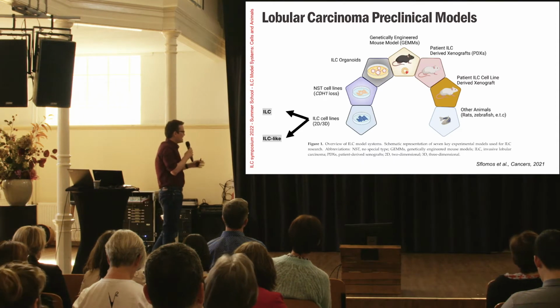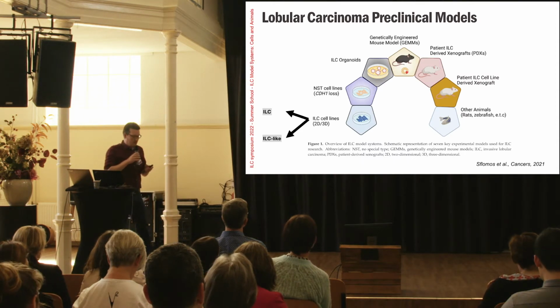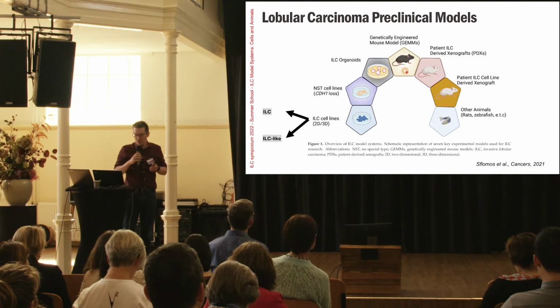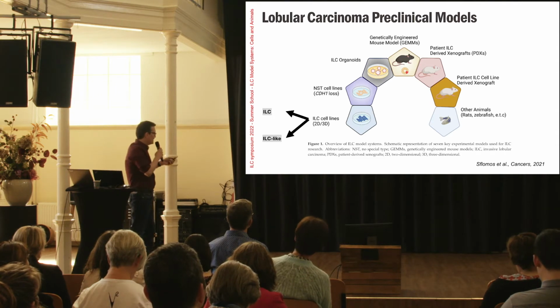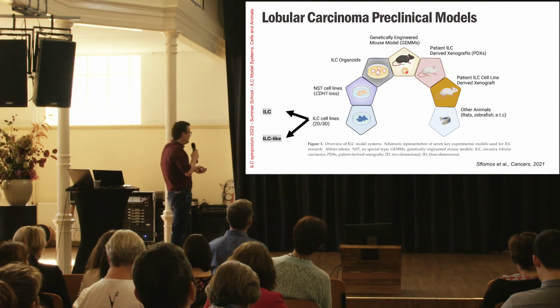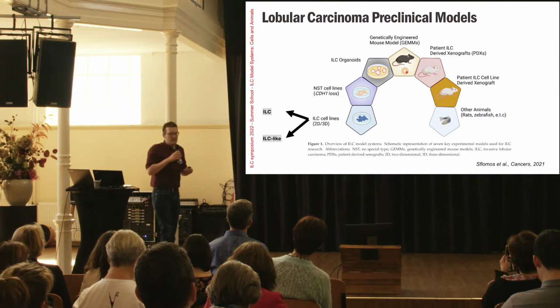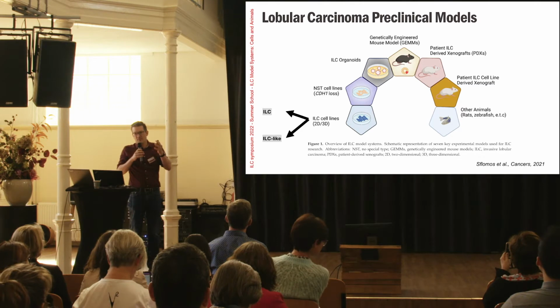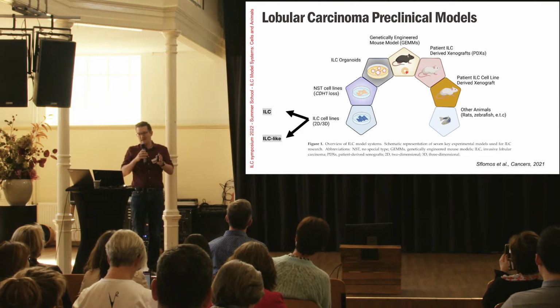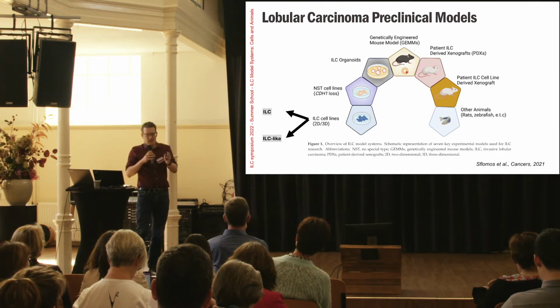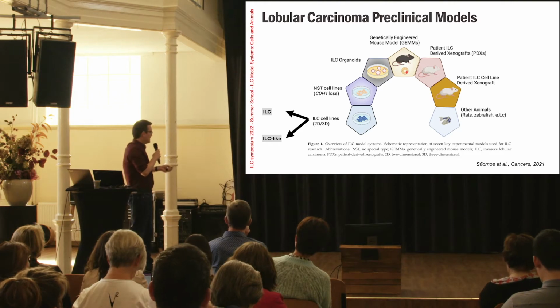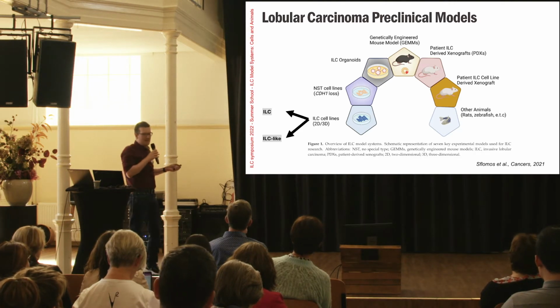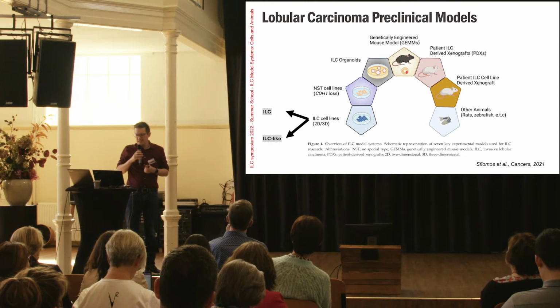Here is a summary of the most commonly used and available models. We have initially the ILC cell lines, which are cell lines derived from material from pathologies that have been characterized as ILC. However, here we have what we call classical ILC or ILC-like cell lines, and we will explain the differences in the next slide.